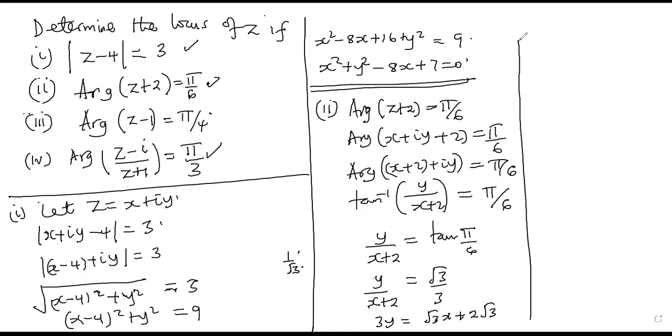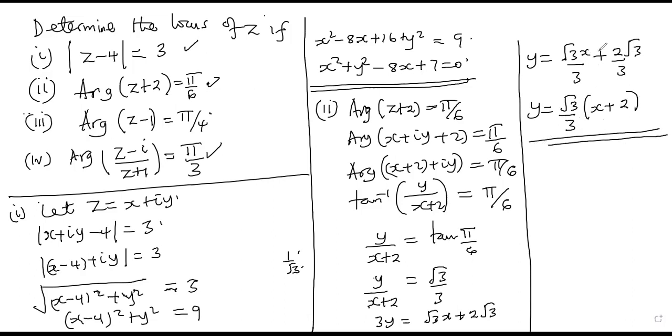So looking at that, you can get your y as root 3 x over 3 plus 2 over 3 root 3. So one can factorize out root 3 over 3 and remain with x plus 2.